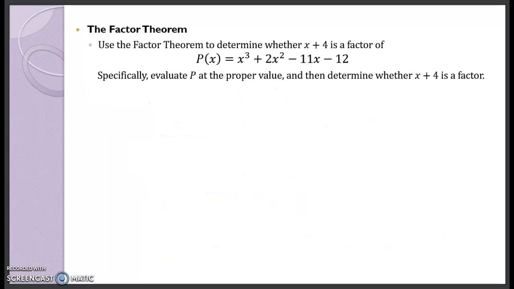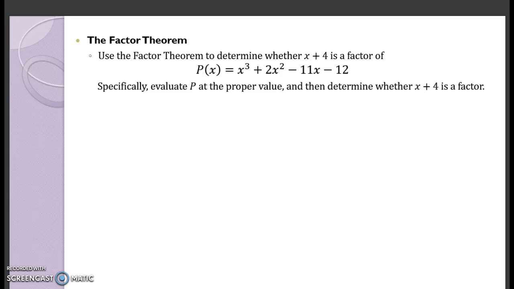Now, I could also have just evaluated p of negative 4. Negative 4 cubed plus 2 times negative 4 squared minus 11 times negative 4 minus 12.